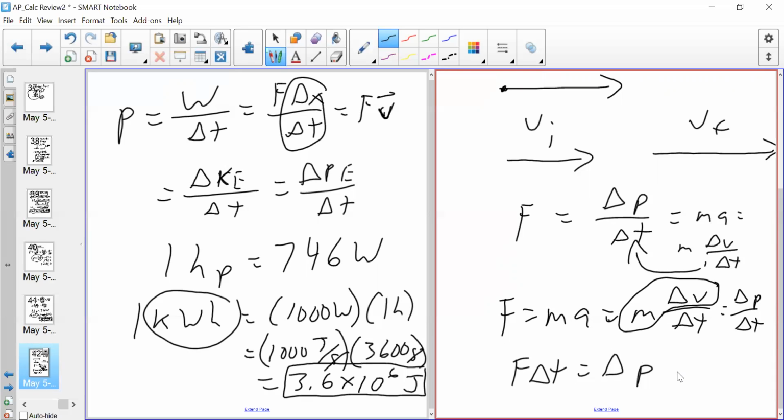Baseball bat on baseball, hockey stick on hockey puck, ball bouncing off a wall. That time of impact for this force of the wall or the baseball bat or the hockey stick changes the object's momentum. And this delta p is m delta v, which is final minus initial velocity.